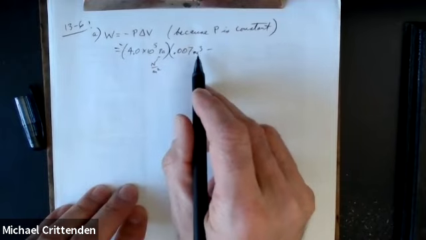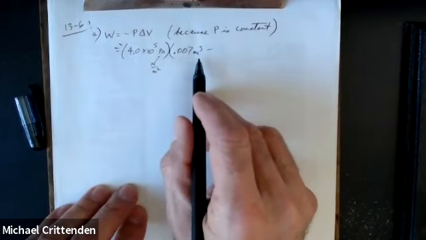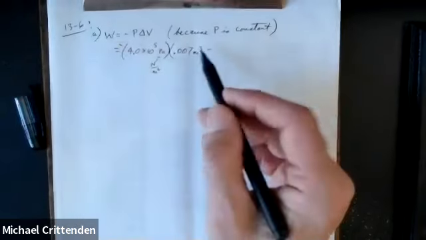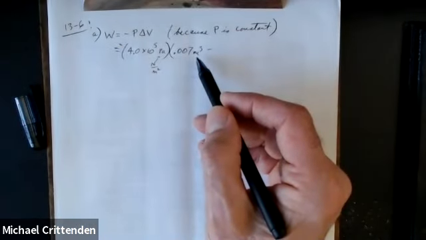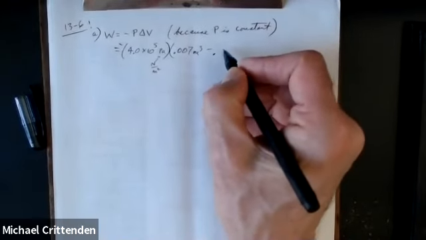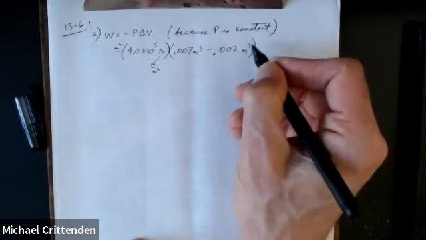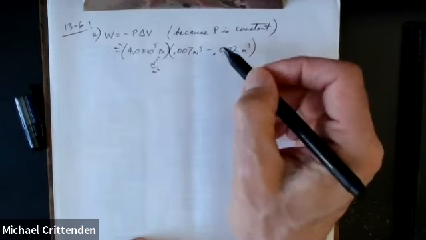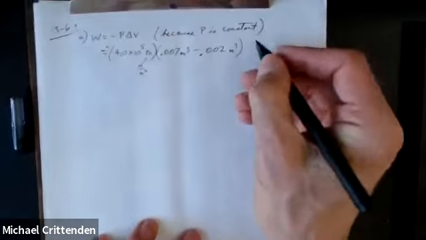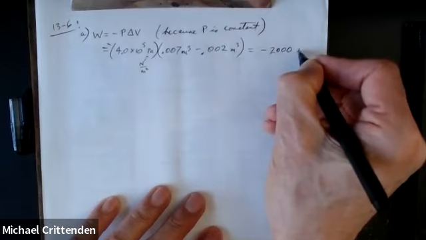Two out of these three meters get canceled by those, leaving you with newtons times meters, which is the definition of a joule, which is the SI unit for work. So liters is no good, got to have cubic meters. And the 2 liters that you had initially is 0.002. And so you've got 5 times that, which comes out 2,000 joules.